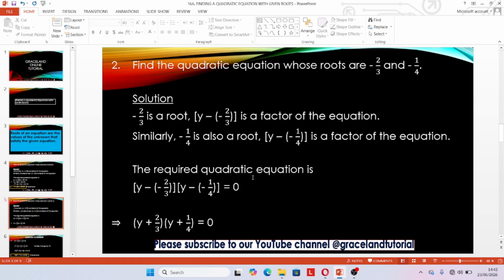So the required quadratic equation is y minus times minus plus, you have 2/3, y minus times -1/4, we have plus 1/4, which is equal to 0. So we are going to expand y plus 2/3 in brackets, also y plus 1 over 4 in brackets.